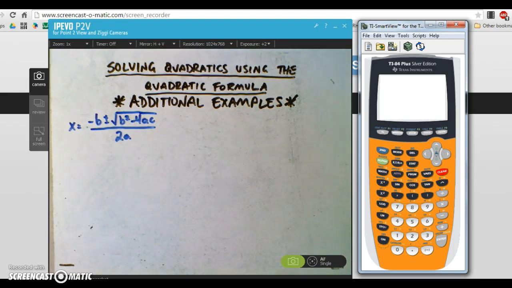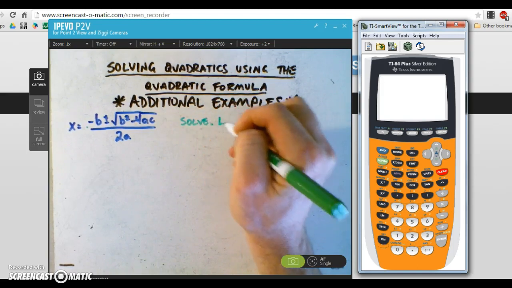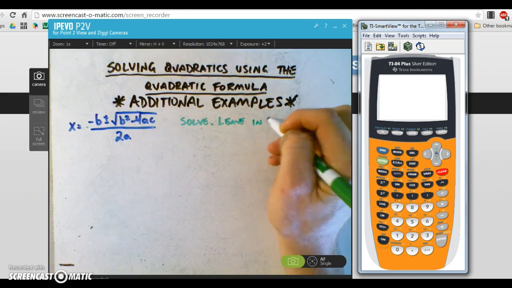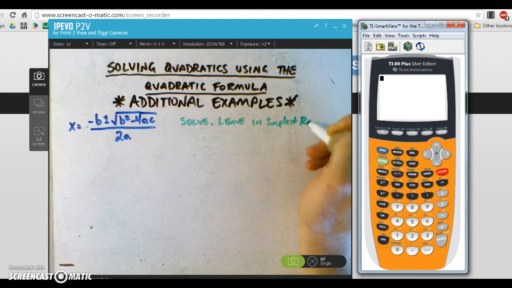Okay, first additional example. Let's solve, and we're going to leave it in simplest radical form. You get the idea there.